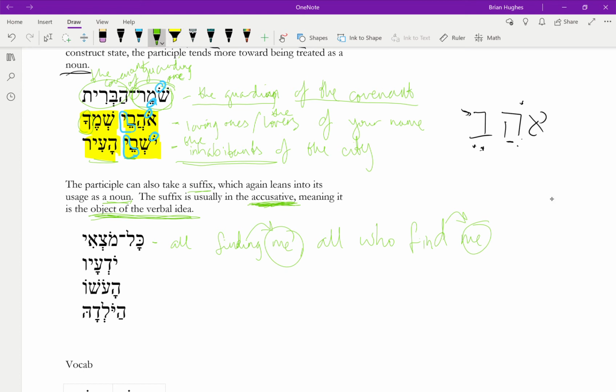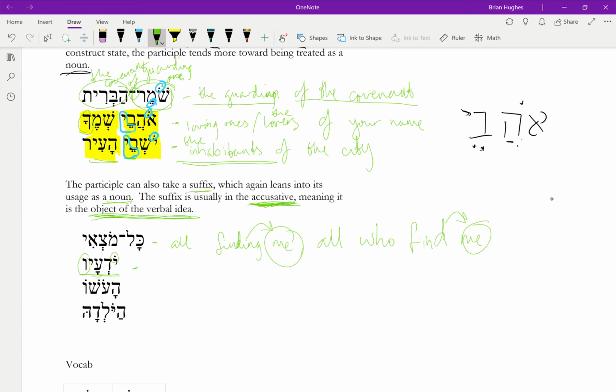Another example here is yodav. So we've got a 3ms suffix on a participle. So this is a qal active participle. But then we have to figure out, is it masculine singular? What is it?